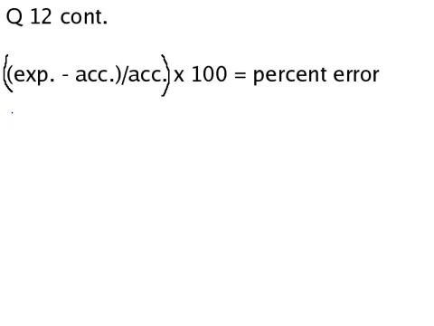Okay, the experimental value was 196.43 minus the accepted value, which was 250. Okay, and then divide that by the accepted value, which was 250, times 100.